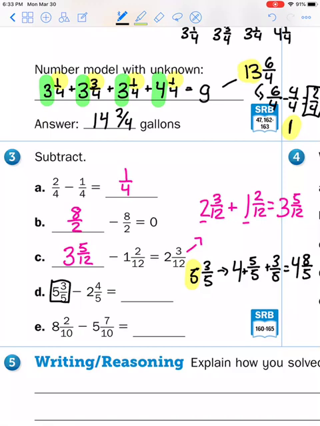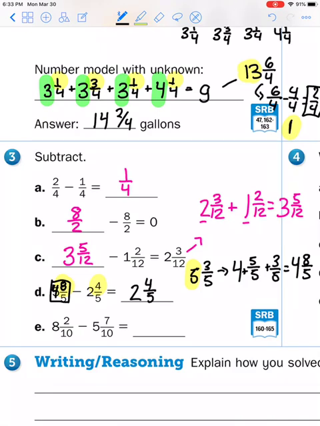So if I change this to 4 and 8/5, now my numerator here is bigger than here. So now I could just subtract across. 4 minus 2 is 2. 8 minus 4 is 4/5. So you get 2 and 4/5.